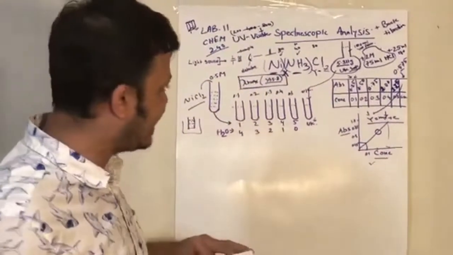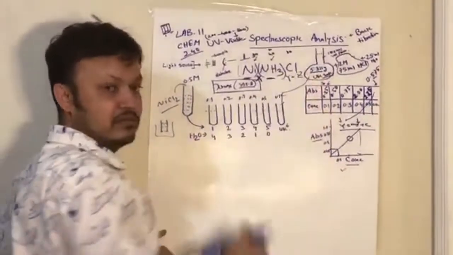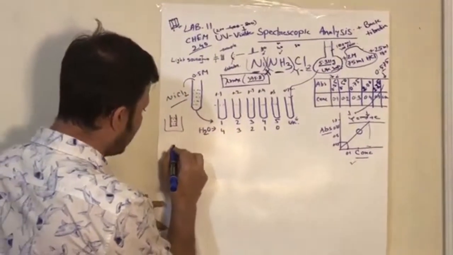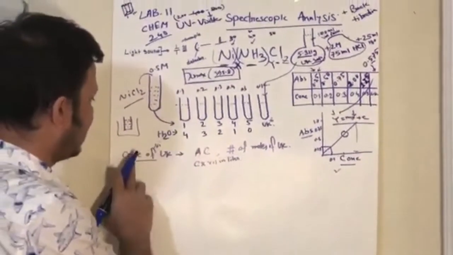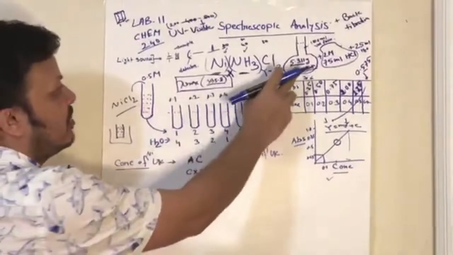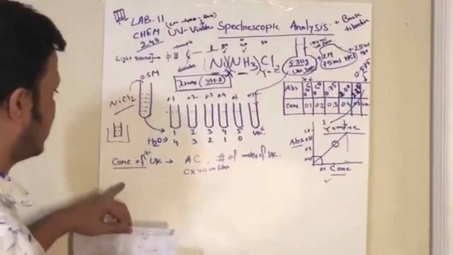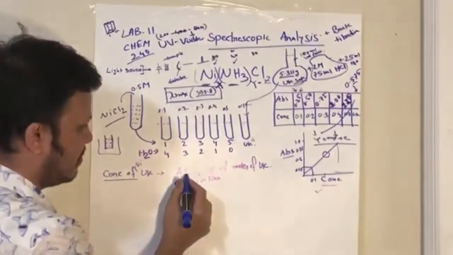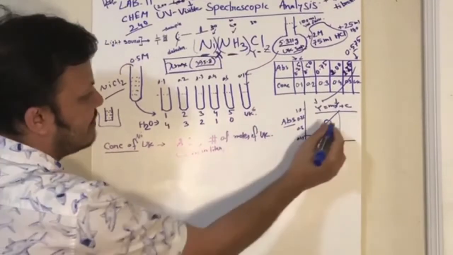This is good. So you find out the x, and that x is actually the concentration of the unknown, right? So you know the concentration. This is the concentration of nickel in your unknown sample. Suppose we call it C, whatever you get from here.